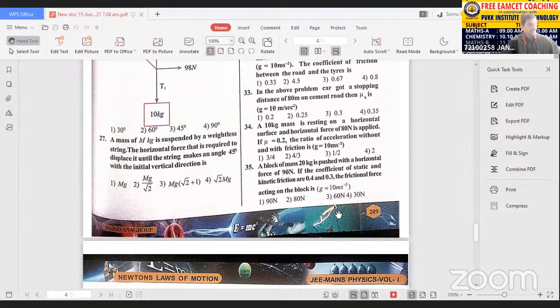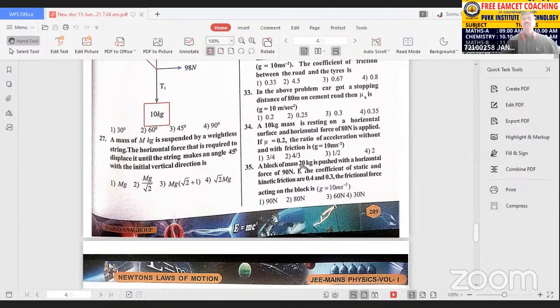Problem: a block of mass 20 kg is pushed with a horizontal force of 90 Newton. If the coefficients of static and kinetic friction are 0.4 and 0.3, the frictional force acting on the block is, G is equal to 10. Options: 90 Newton, 80 Newton, 60 Newton and 30 Newton.